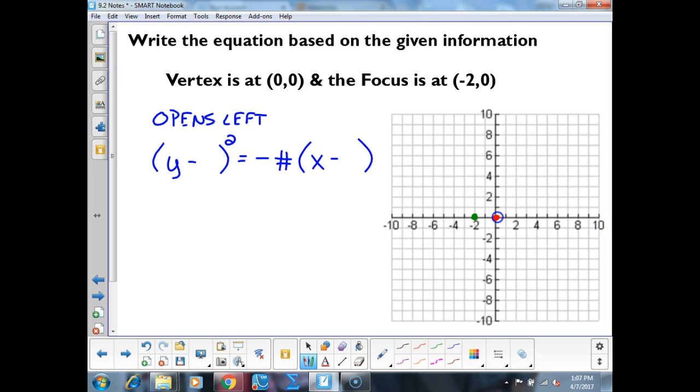All left parabolas have that basic form. Where do we get those somethings? From the vertex. The x part of my vertex goes to the x, the y part of my vertex goes to the y. So both of those are going to end up being zeros.